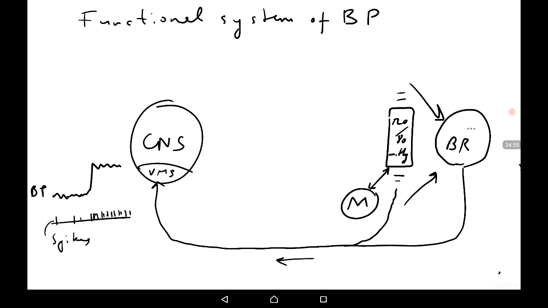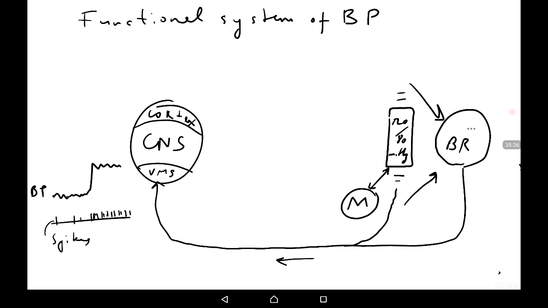Also in the CNS we may distinguish other structures. Even the brain cortex may participate in the regulation of the blood pressure, and the limbic system, hypothalamus. Together they work to optimize the blood pressure. What mechanisms will optimize the blood pressure?